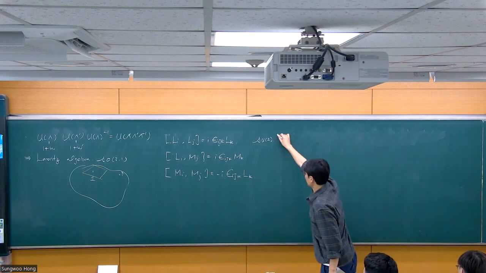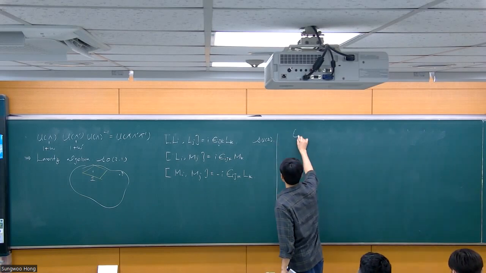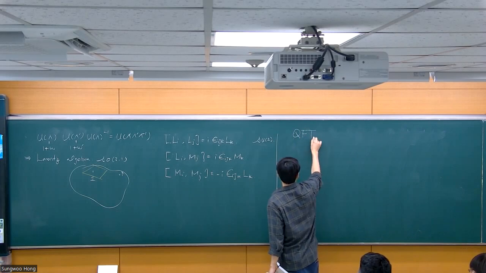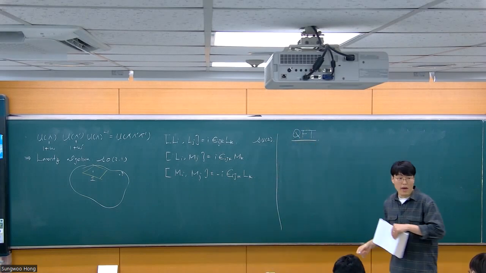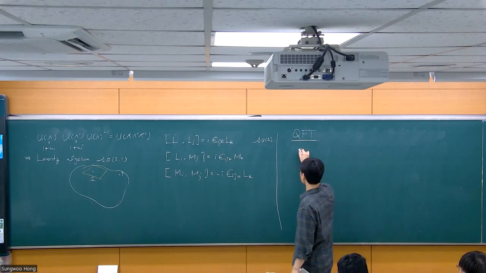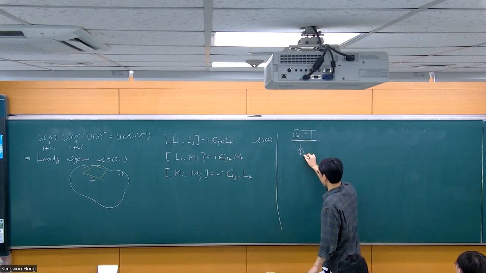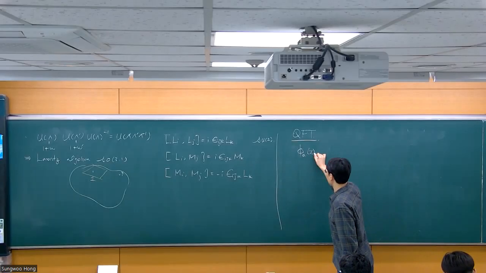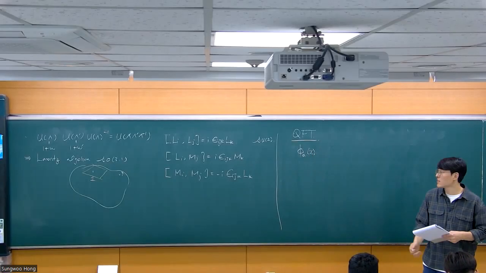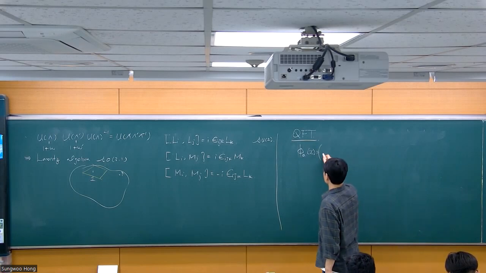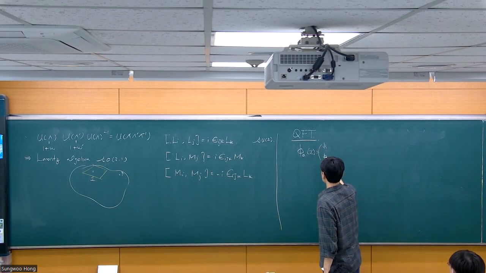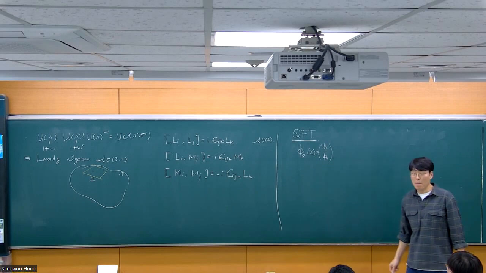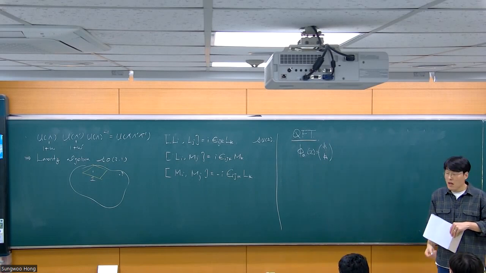So now we want to talk about QFT. Suppose we have a set of fields, which I combine into this notation, phi sub A of x. This is a multi-component field, an A-component field.